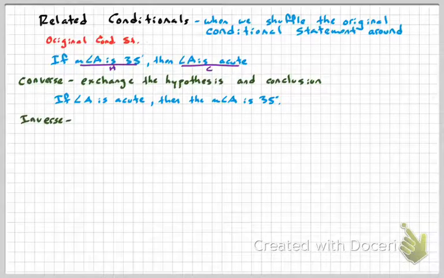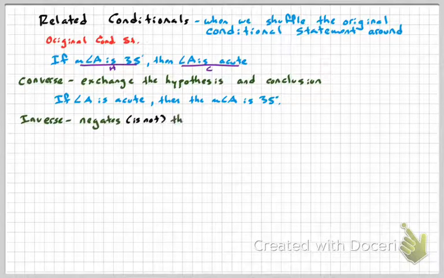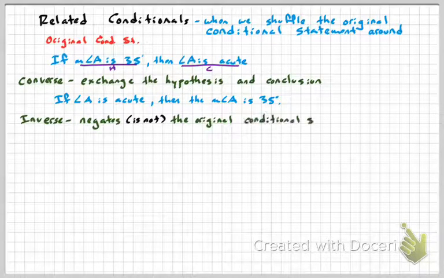So with the inverse and the contrapositive, we introduce what's called negation. Okay? And what that does, it negates the original conditional statement. Or more simply put, we usually use the word not, and we insert it, right?